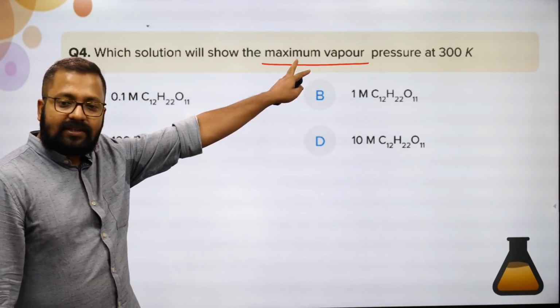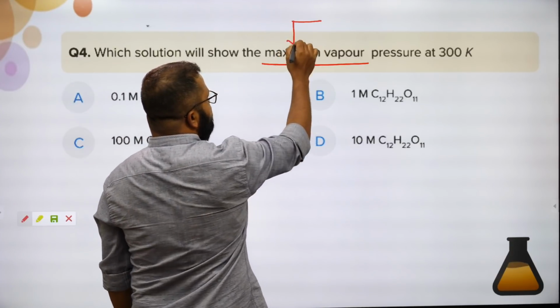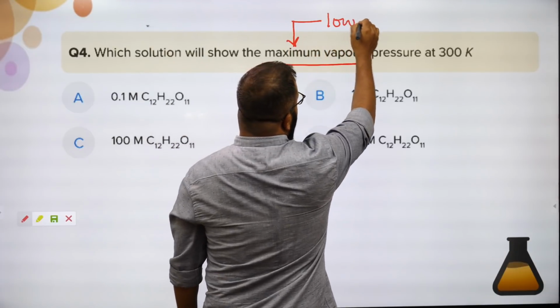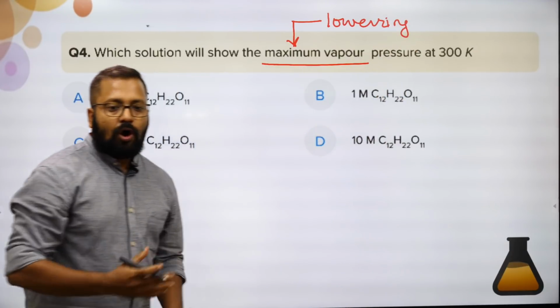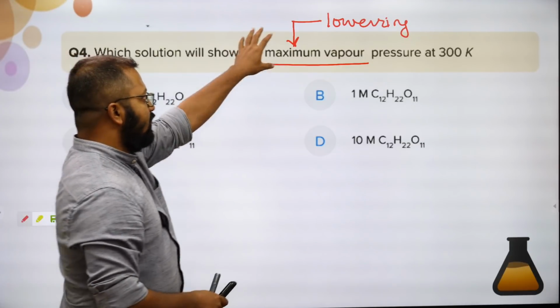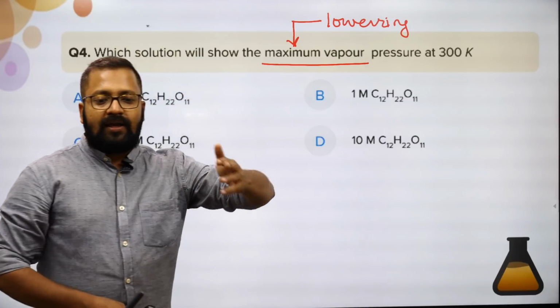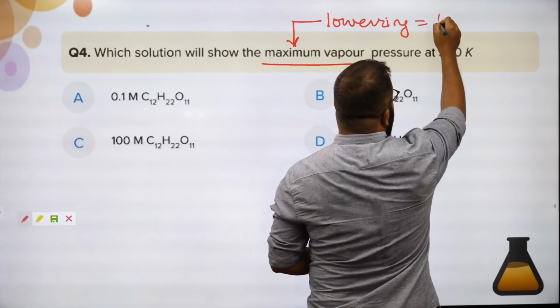They're asking about maximum vapor pressure. It means lowering is minimum. Maximum vapor pressure will be when lowering is minimum.